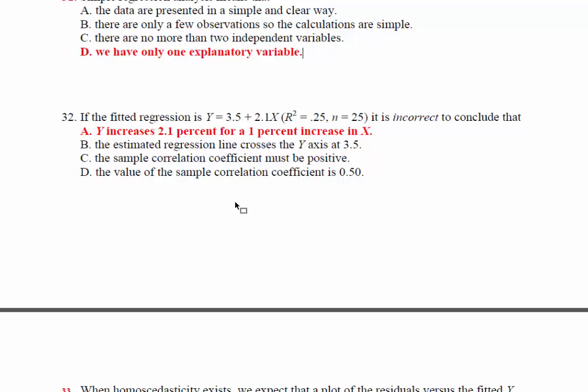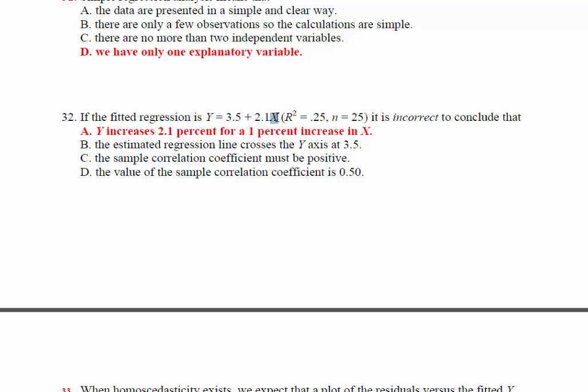32. If the fitted regression is this, R squared 0.25, it's incorrect to conclude what? Y increases 2.1% for a 1% increase in X. That's not true.